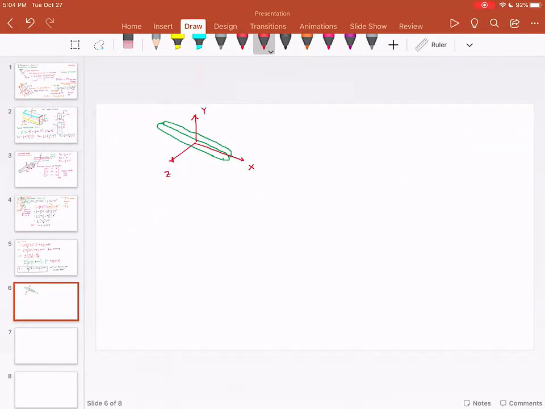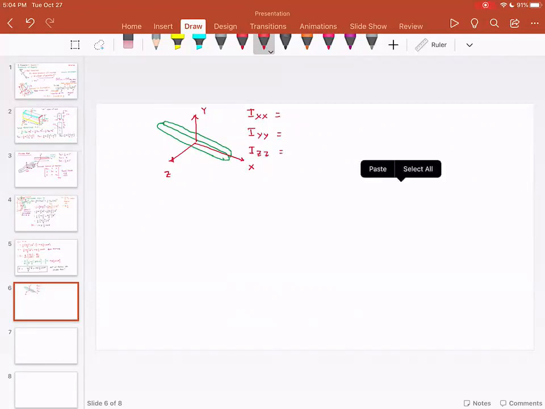For the most general case, let me say I have Ixx, which is the mass moment of inertia about the x-axis. I have Iyy, which is the mass moment of inertia about the y-axis, and I have Izz.